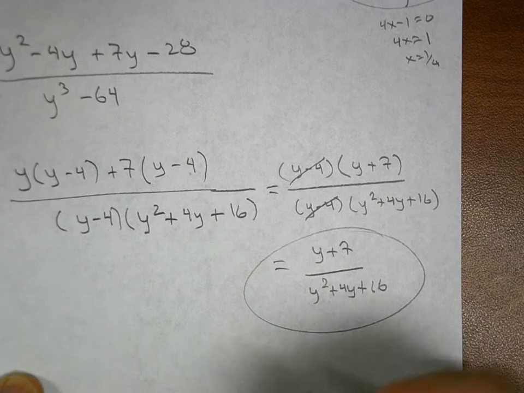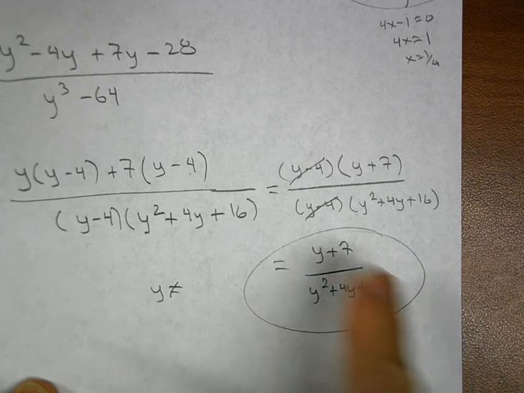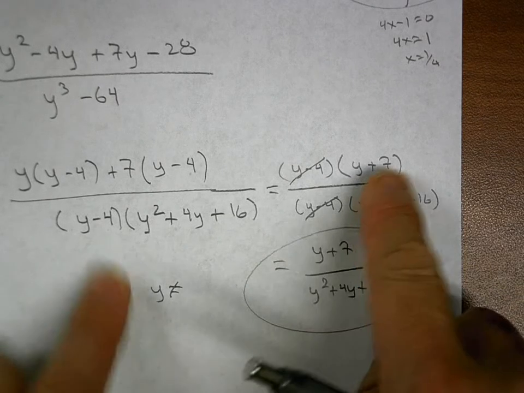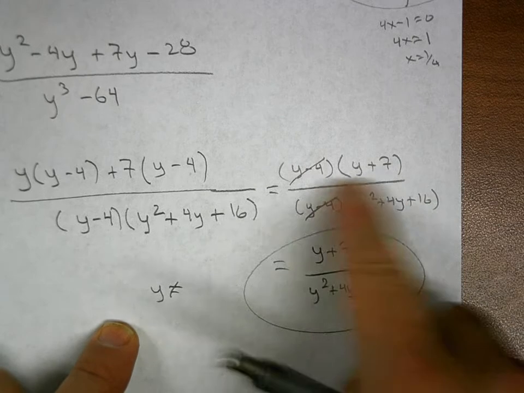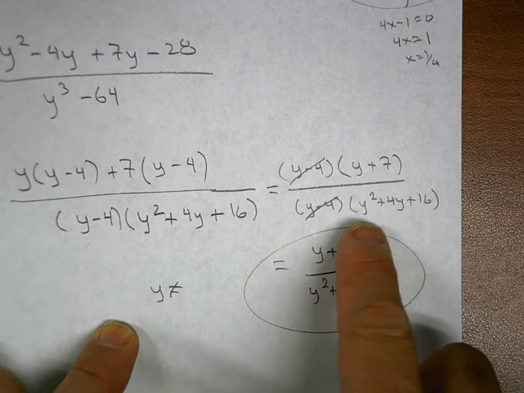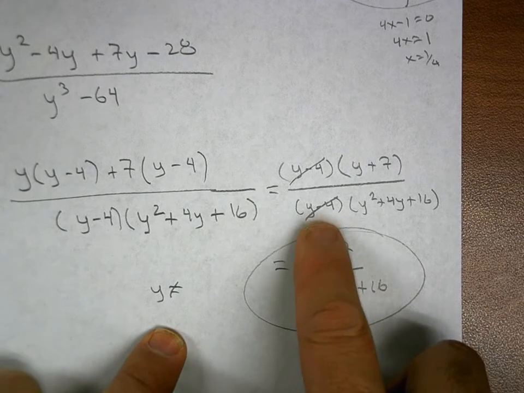And the restriction. Okay. So y cannot equal, well, the top doesn't matter. It can equal negative 7, because it's not going to make the denominator 0. I'm worried about the denominator being 0. So y can't equal 4. Right?